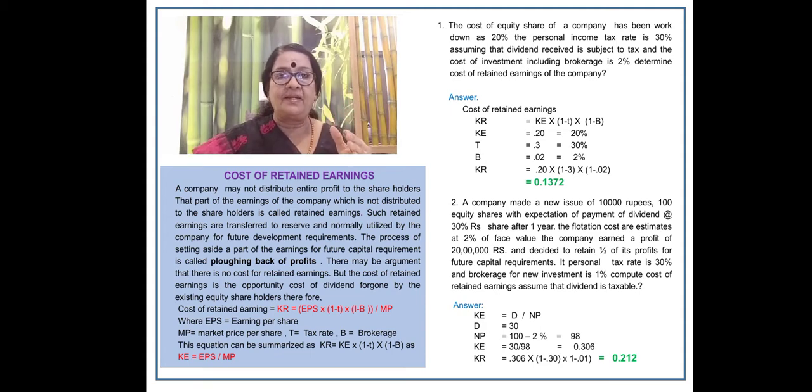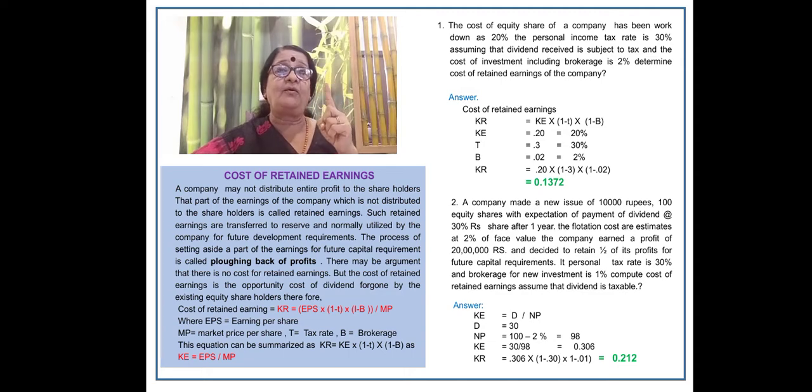There may be an argument that there won't be any cost incurred for retained earnings. But here comes the opportunity cost. That is, the cost of retained earnings is the opportunity cost of dividend foregone by the equity shareholders, if it would have been invested in some other enterprises.